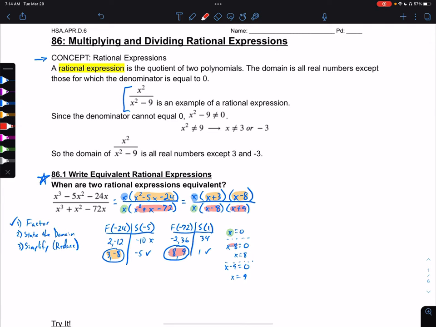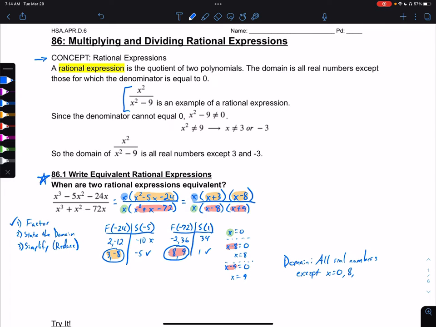Let's show where we got these from. So when I'm stating my domain, my domain is going to be all real numbers except x equals 0, positive 8, positive 8.